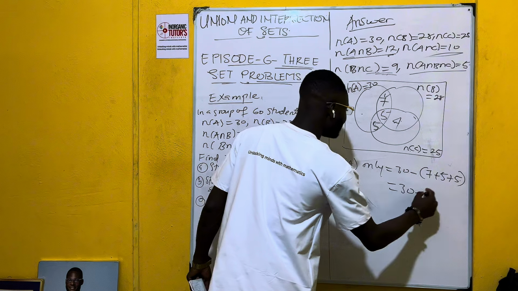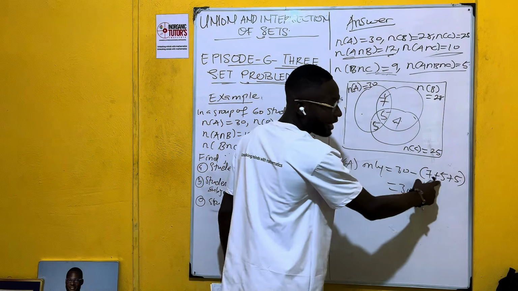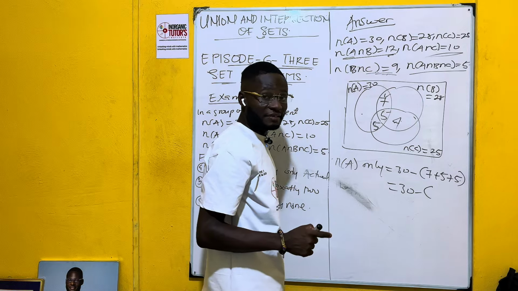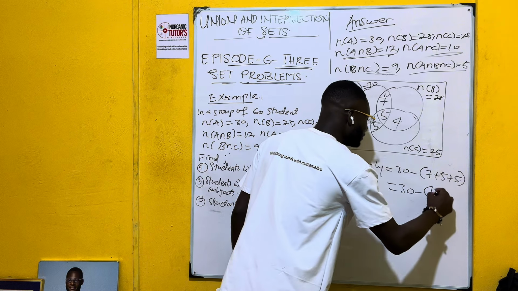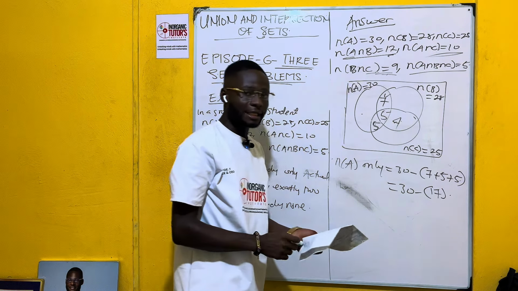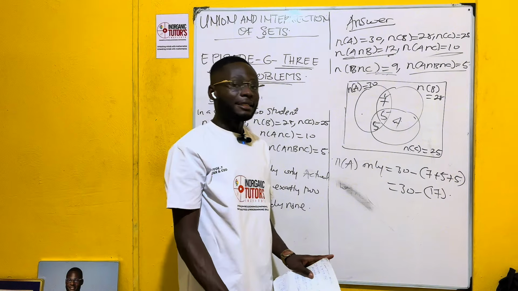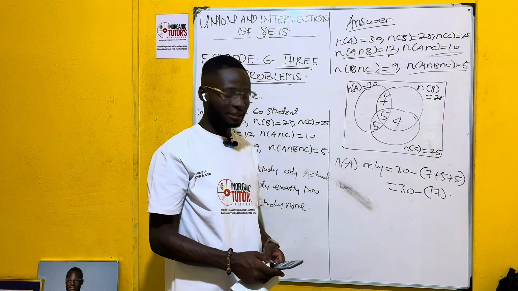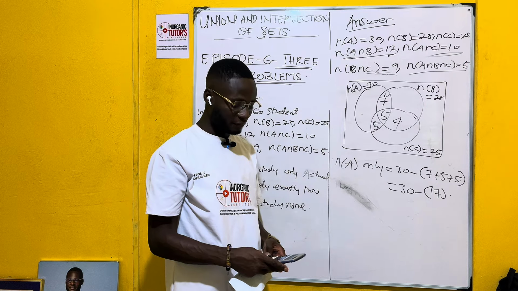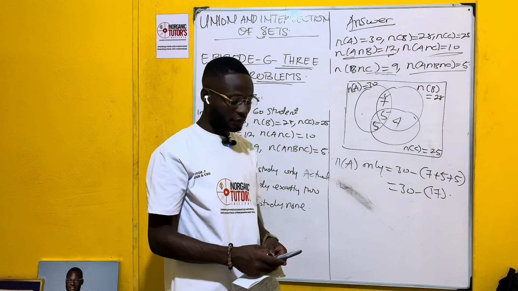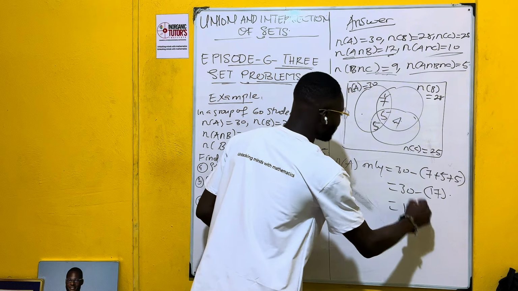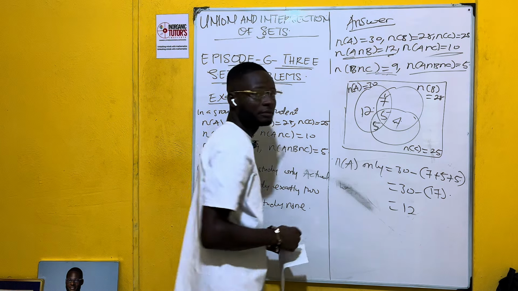So we have 30 minus 7 plus 5 is 12, 12 plus 5 is 17, right? So we have 17 here. You take 17 from 30, and then we have the only section for A. So this part becomes 12. So we have 12 here.